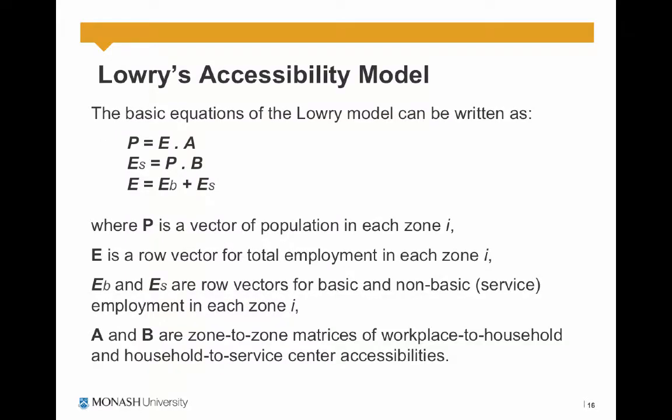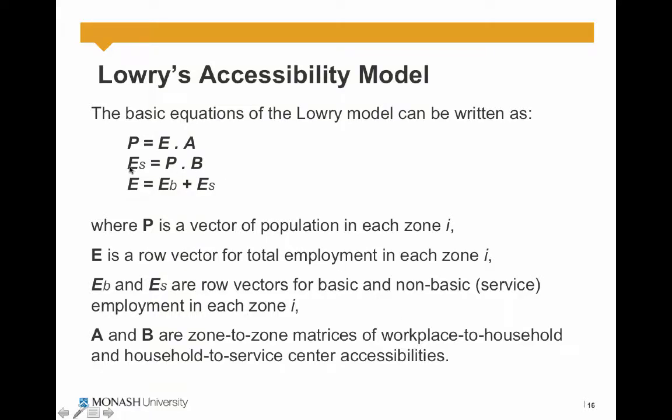The low-rise accessibility model includes three basic equations. The first one is P equal EA, where P is a vector of population in every zone, while E is a vector for total employment in a zone, and A is a zone-to-zone matrix of work-to-house journey accessibility.